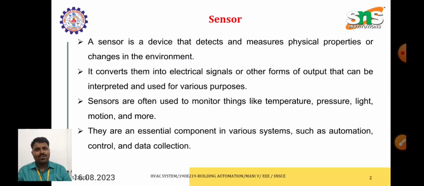So I need to measure some physical quantity, some physical property with the help of a sensor. And a sensor is used to convert the physical property into an electrical signal, so that physical properties can be converted into electrical signal for measurement purposes. It is used for various purposes.